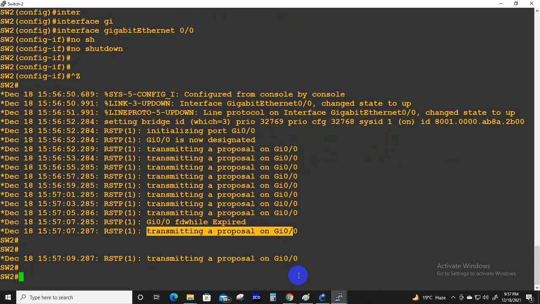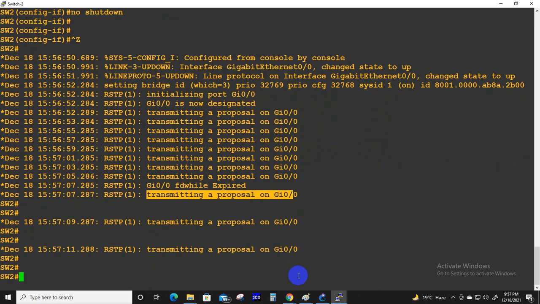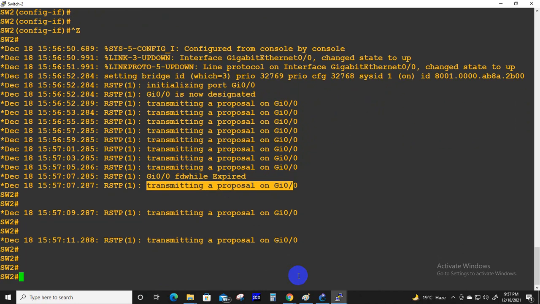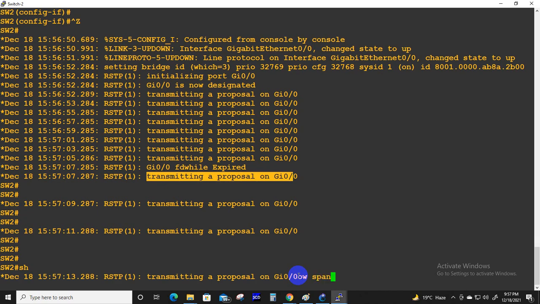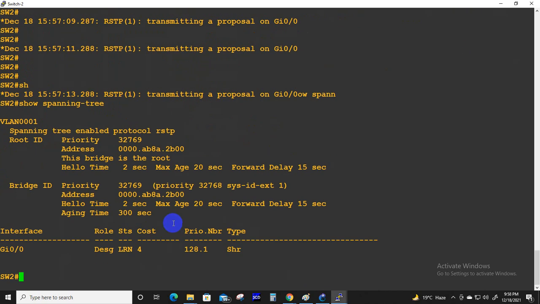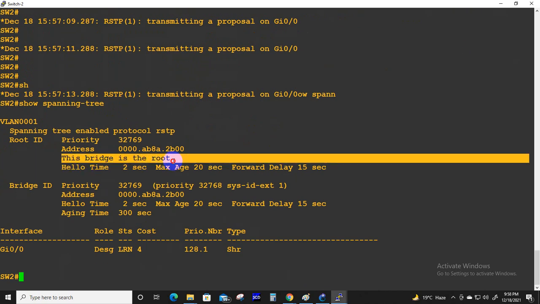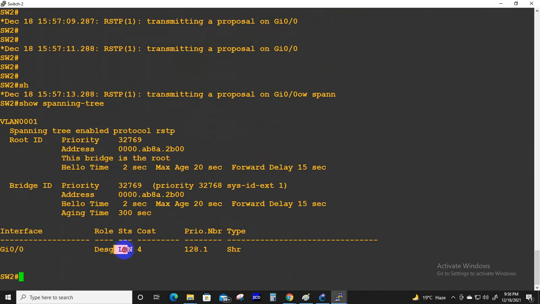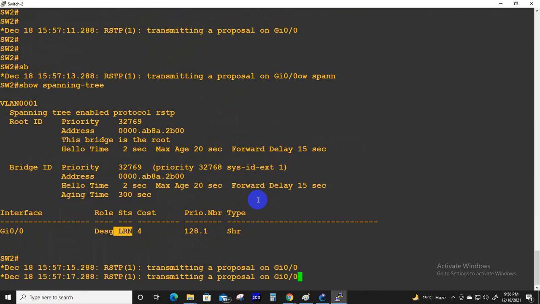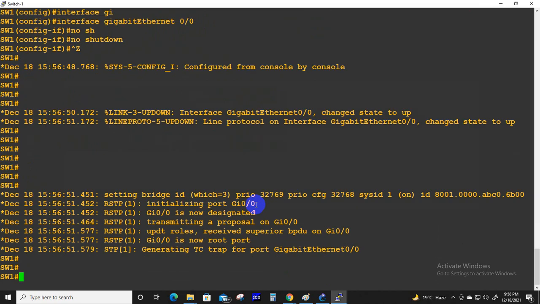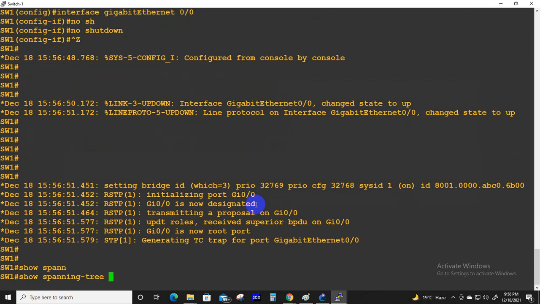Okay? It will not receive any superior BPDU because this is the root switch. Show spanning-tree. This bridge is the root. It is in learning state. In switch 1, show spanning-tree.